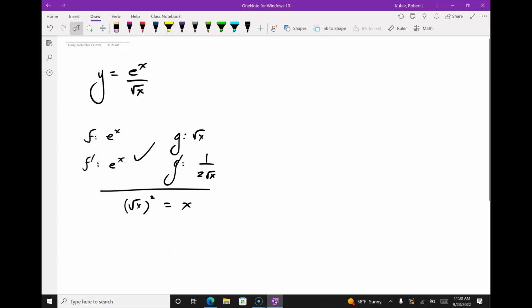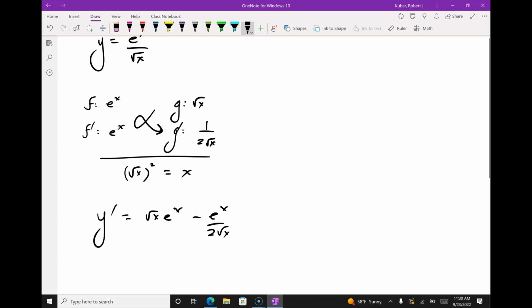Okay, so we're ready for y prime. Y prime is square root of x e to the x minus e to the x over 2 square root of x, all divided by x. Everybody with me? This looks familiar to some of our first limits, right? We're going to clear fractions here with an LCD.